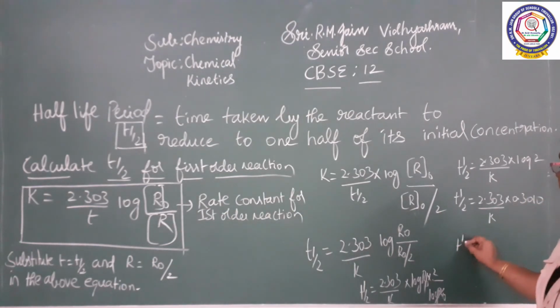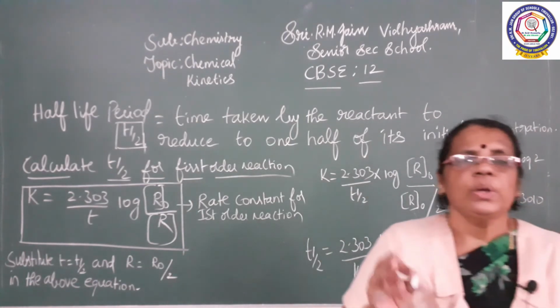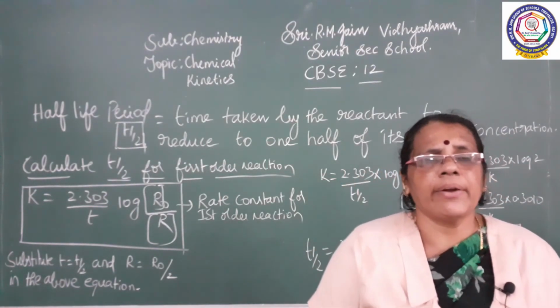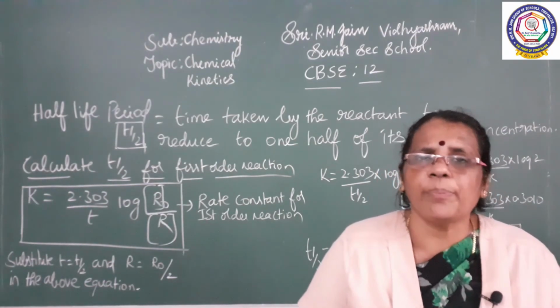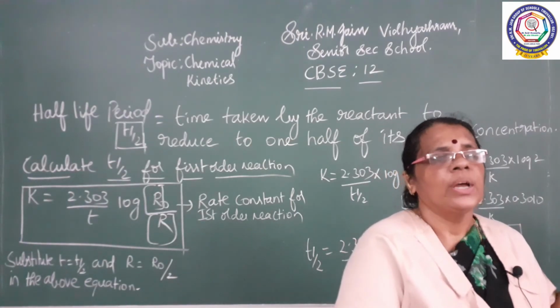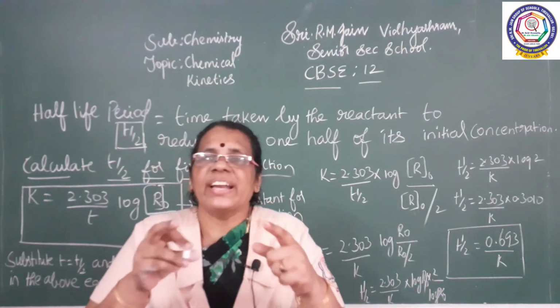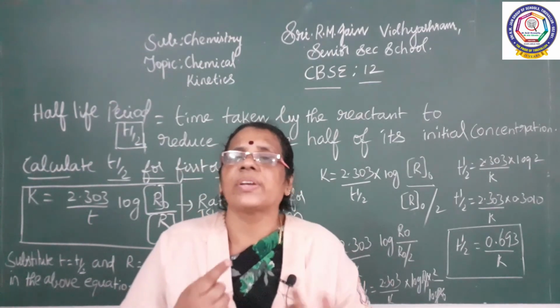From that, T half is equal to 0.693 divided by K. So in the previous case I derived half-life for zero order reaction, whereas here I have derived half-life period for first order reaction, T half is equal to 0.693 divided by K, where T half is half-life period and K is the rate constant for first order reaction.